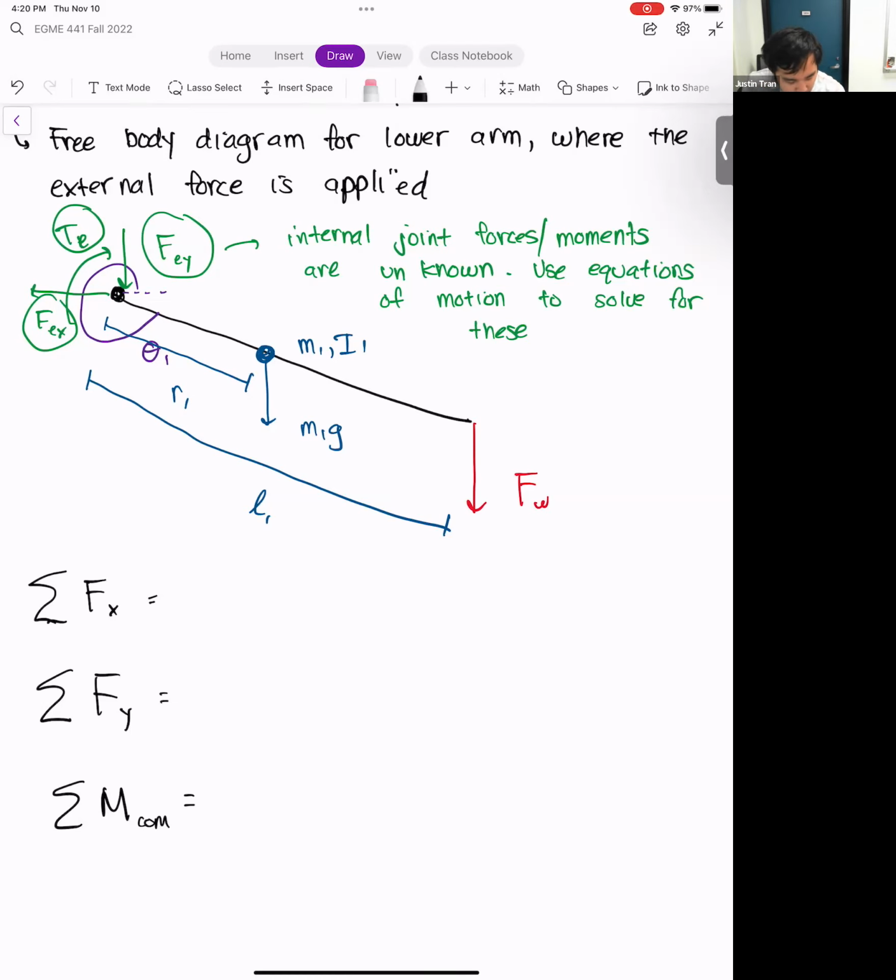So in the X direction, we just have a single force here, and so we have minus FEX, and that's equal to mass times the acceleration of the elbow segment in the X direction.